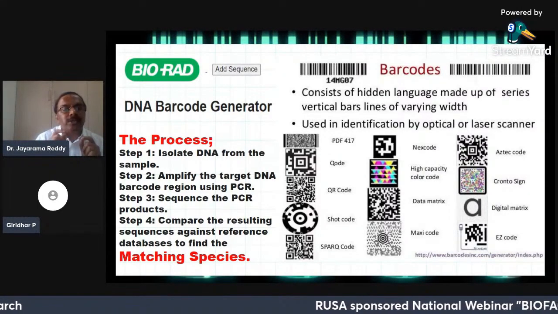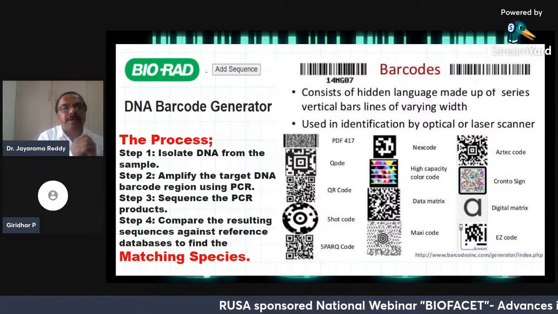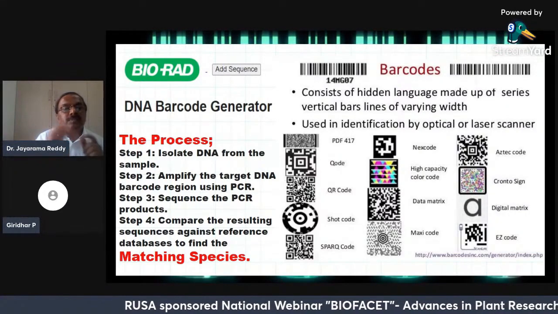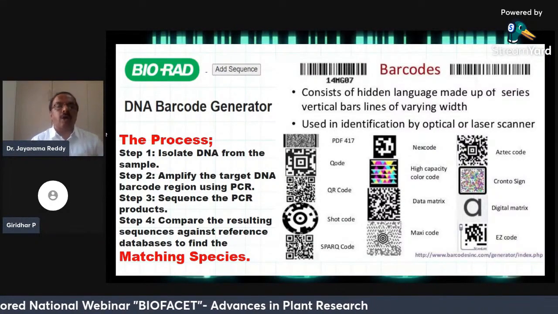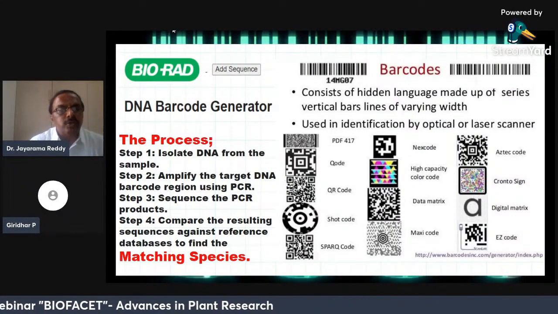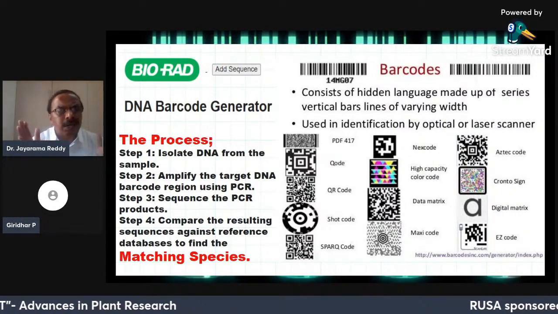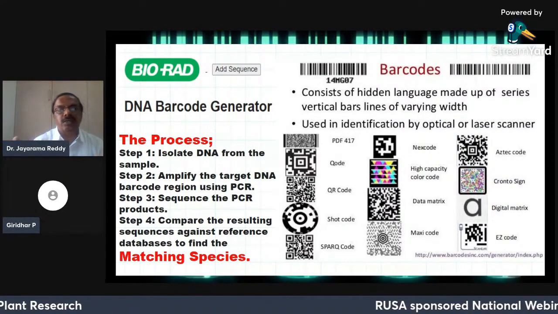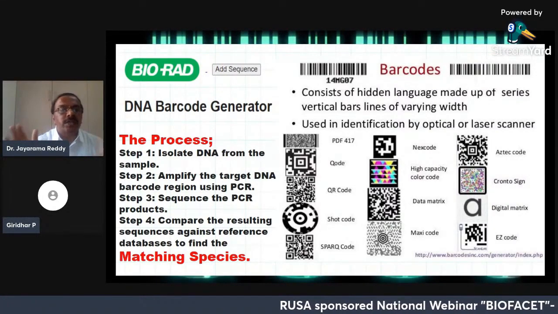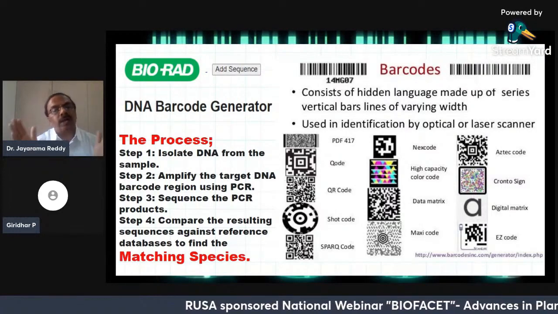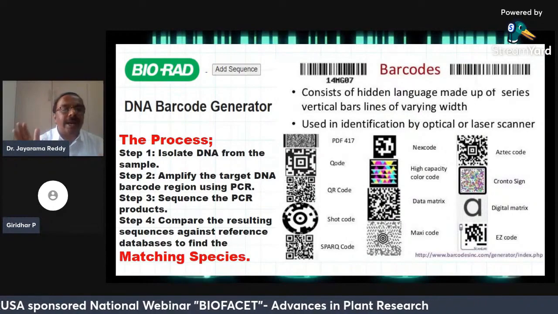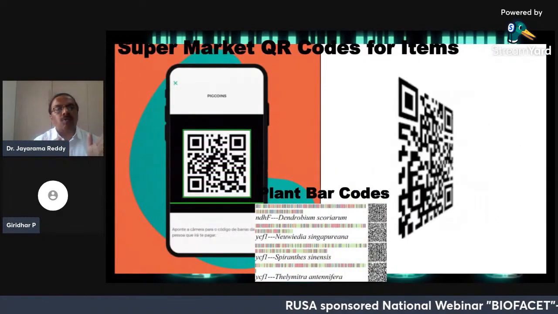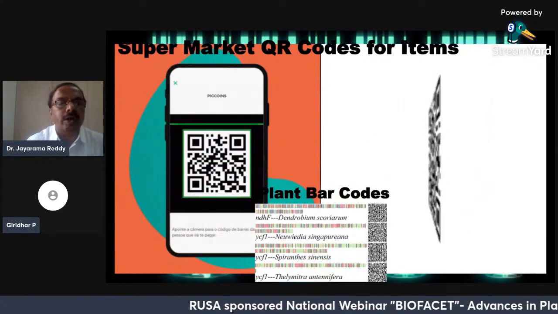Now there is one step which is the link between barcode and the reference, that is converting your DNA sequence into a barcode. How do you convert your sequence into a barcode? There are so many DNA barcode generators online. These are free tools, and one commonly used DNA barcode generator is BioRad. What is being scanned here is the QR code.